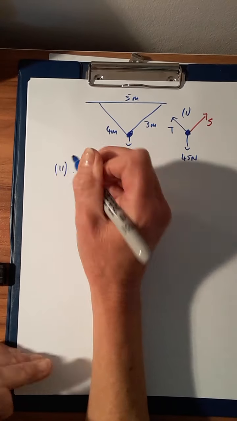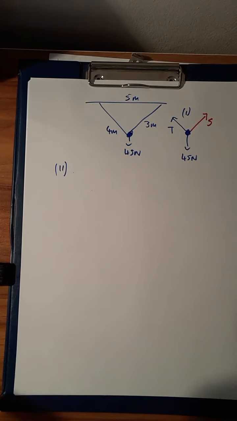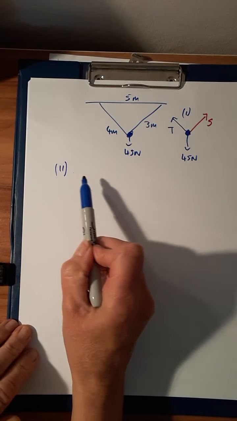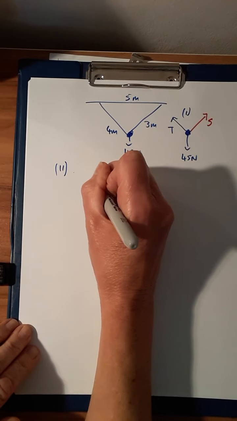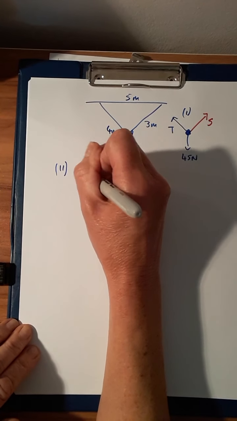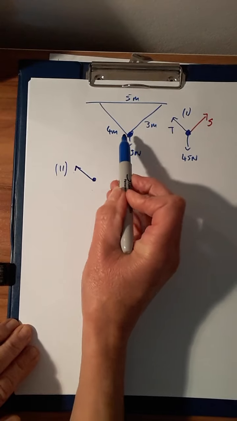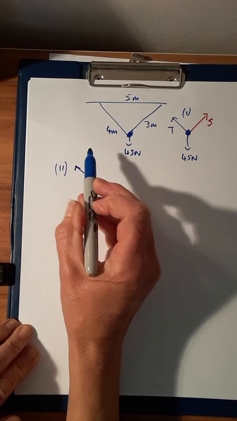The second part of the question says write down the two equations that arise from resolving these forces horizontally and vertically. So here's force T, there it is. Now, I'm going to draw that ceiling across like that.